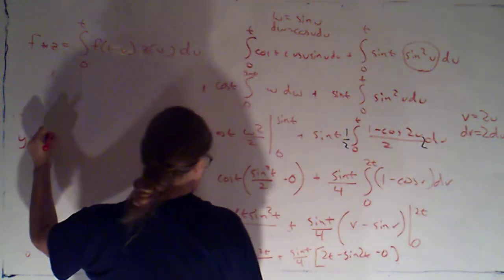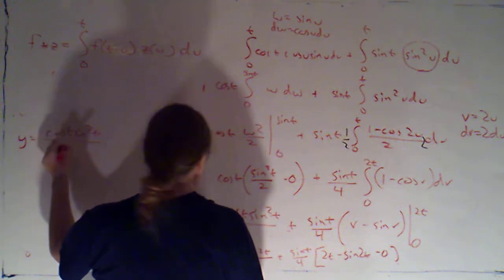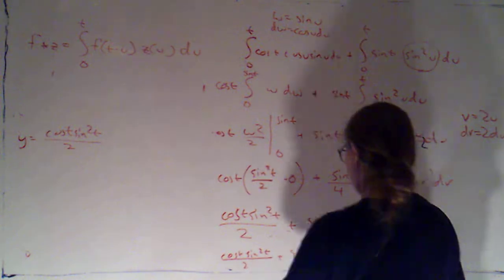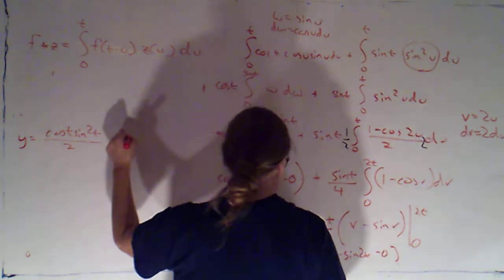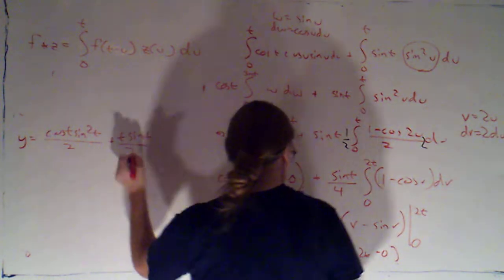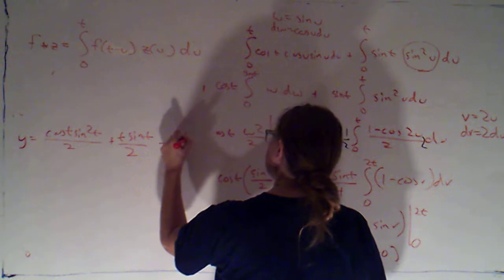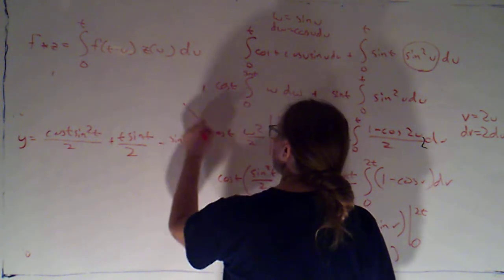And what we've gotten now is that's cosine t sine squared t over 2 plus, I think I'm just going to distribute this. So the 2t over 4 I can cancel. So I'll get t sine t over 2 minus sine t sine 2t over 4.